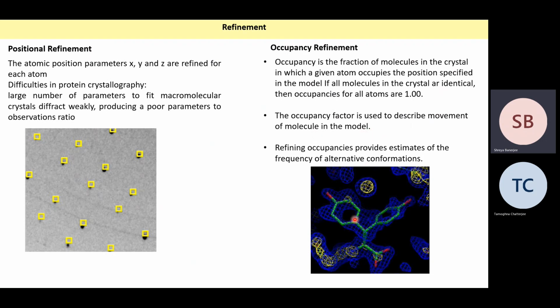Suppose this tyrosine side chain is there. It is occupying this conformation 75% of the time and this conformation 25% of the time. So the occupancy of this region will be 0.75 and this region will be 0.25. Like this, the occupancies are also refined to get an idea of the movement inside the protein structure.